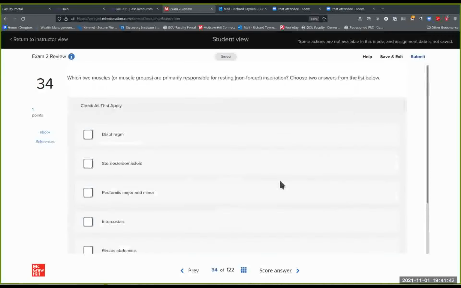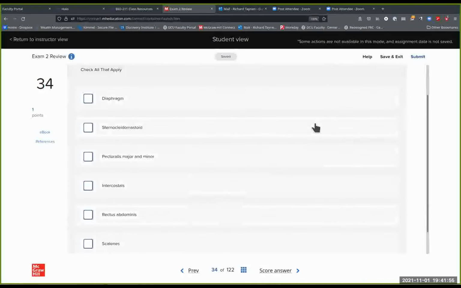Which two muscle groups are primarily responsible for resting, non-forced inspiration? The diaphragm and intercostals.